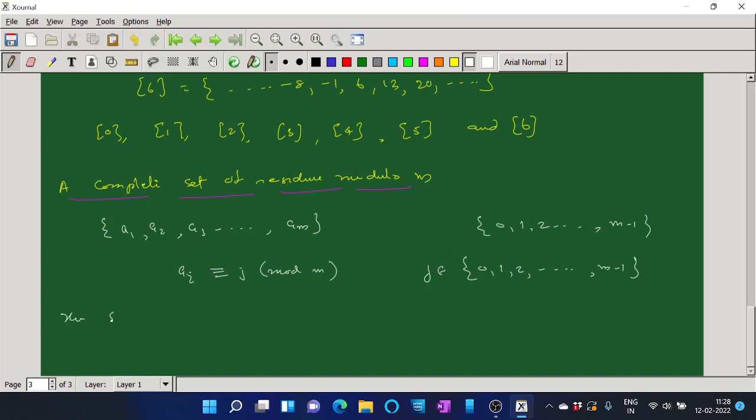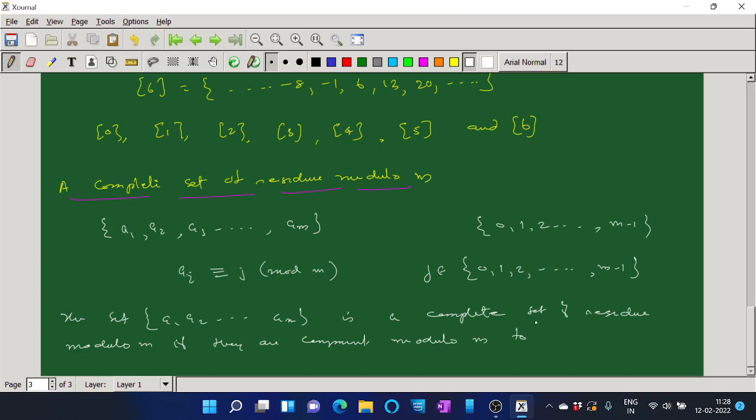So the set of integers a1, a2, etc., am is said to be a complete set of residues modulo m if these integers are congruent modulo m to the least residues 0, 1, 2, etc., m minus 1 in some order.